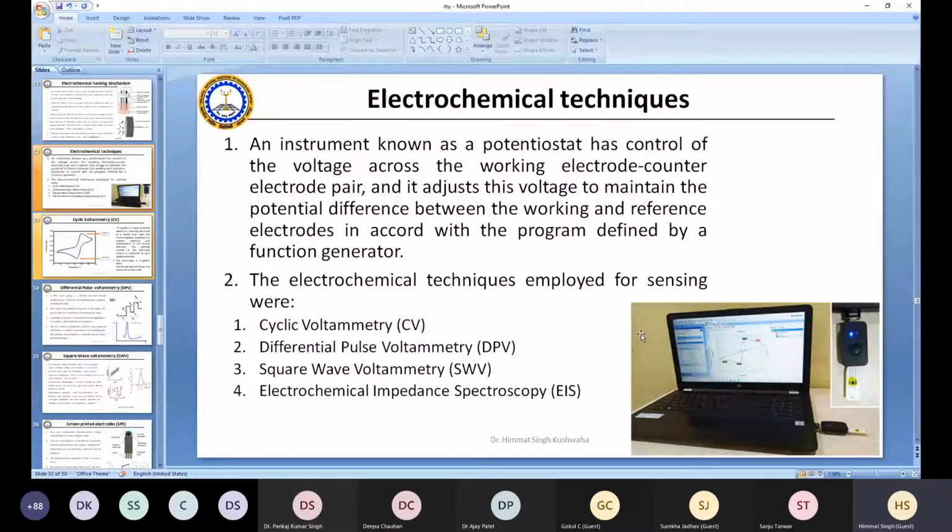Mostly in electrochemical sensing techniques, we use either cyclic voltammetry, differential pulse voltammetry, or square wave voltammetry. And impedance spectroscopy is used for the analysis of the equivalent circuit, the charge transfer resistance, or the resistance of the material.